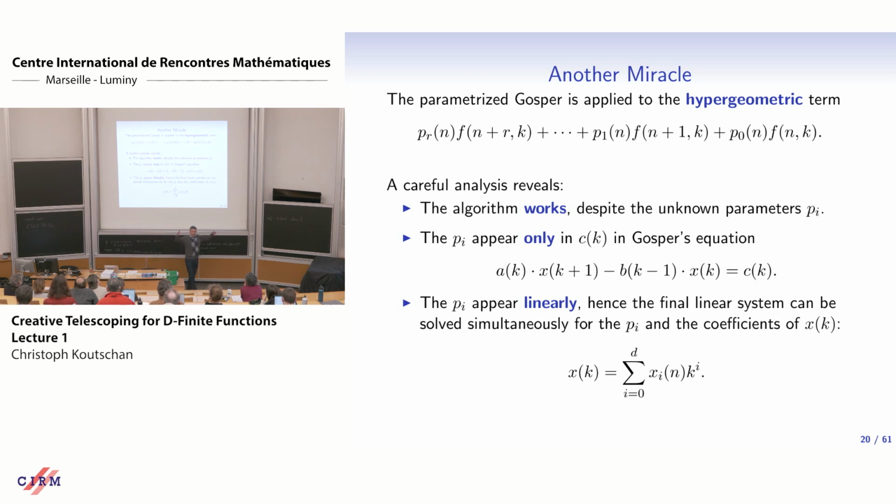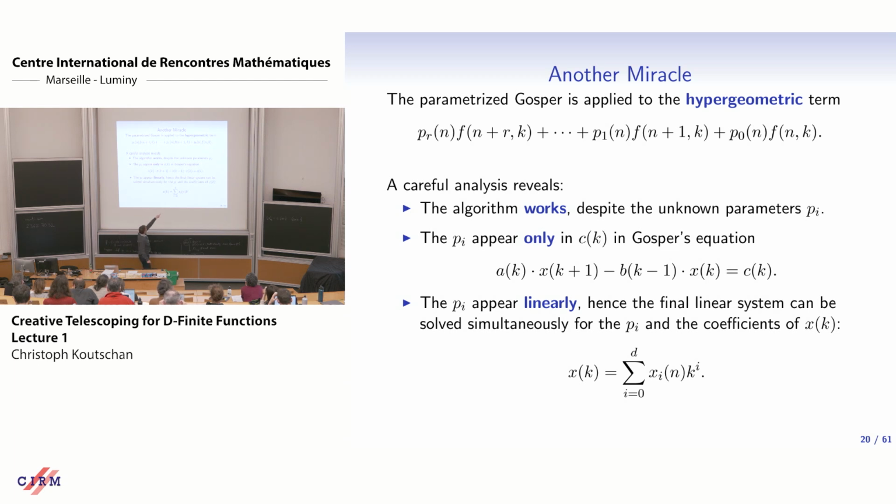We find a degree bound for this polynomial x. We make an ansatz for the polynomial x. So we have these powers of k, and the coefficients of this polynomial are rational functions in n. So what our unknowns now are these xi, the coefficients of the polynomial x, and the pi.